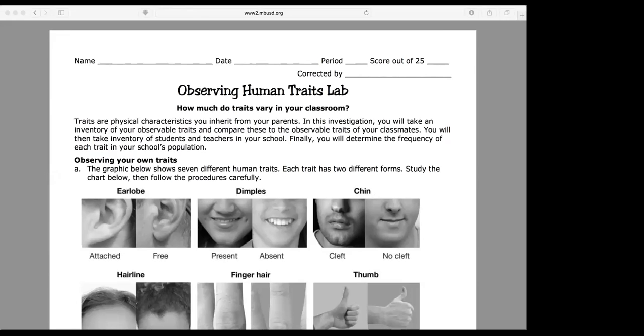Anybody that just joined in, does anybody want to share? Lulu, it looks like you're still with us. Do you want to share any trait that's in your family that your parents have that maybe you have or you do not have?